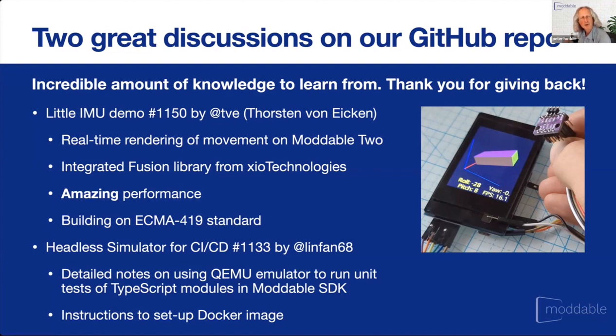But the super cool part is he's got it connected into real-time rendering of a rectangle, and the performance is amazing, and the code exercises all sorts of curious tricks about the Moddable SDK, including, at least in one revision, web workers. It's a really, really interesting project, and I've learned a bunch by reading Thorsten's code, so give it a look. There's a long thread on GitHub at this point.